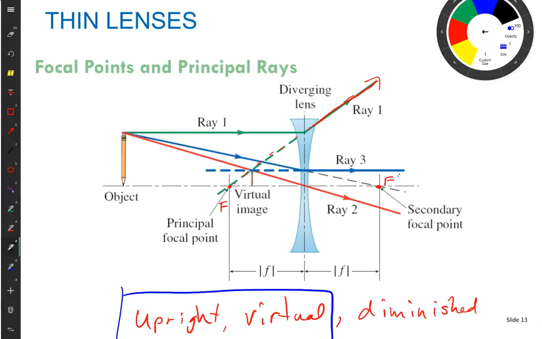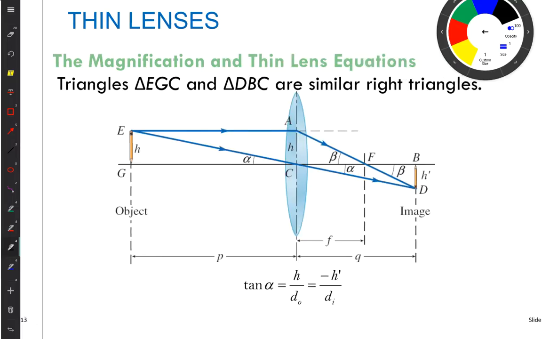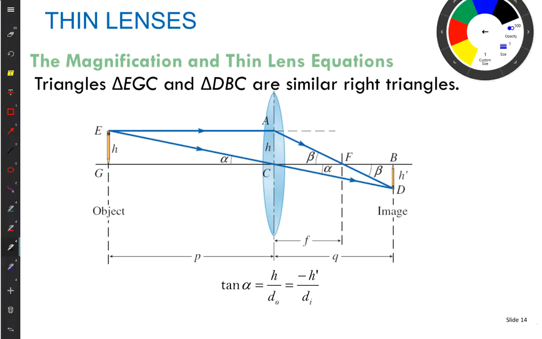The last thing to show here is the geometry so that we can do this with equations instead of having to do ray drawings every problem we get. So here is a simplified geometry. It's only showing 2 rays, the parallel ray and the vertex ray.